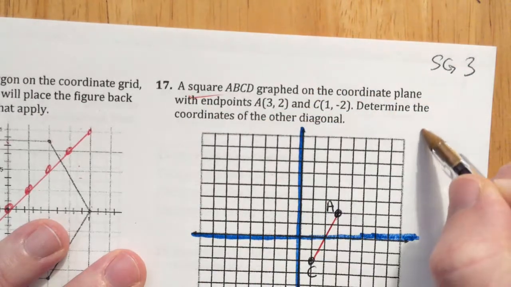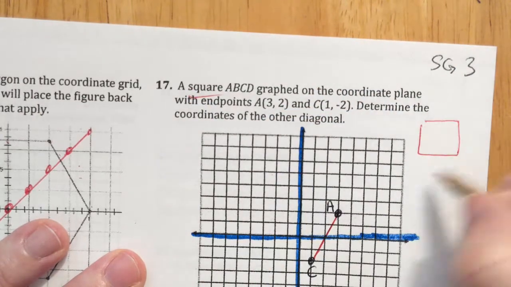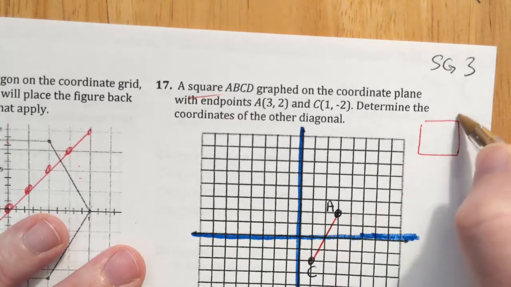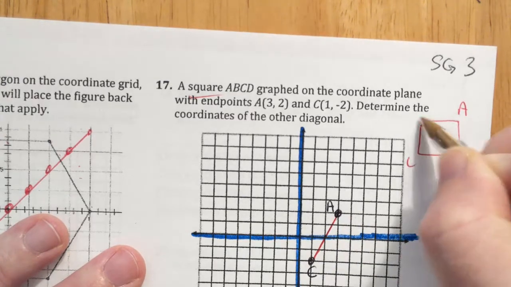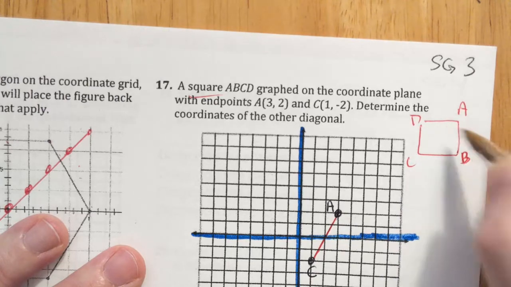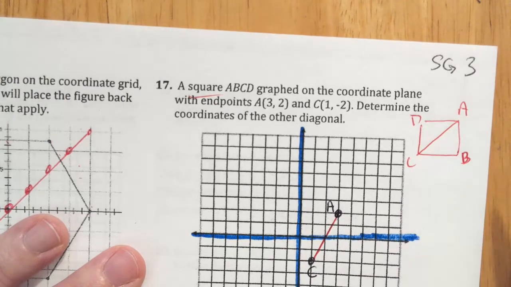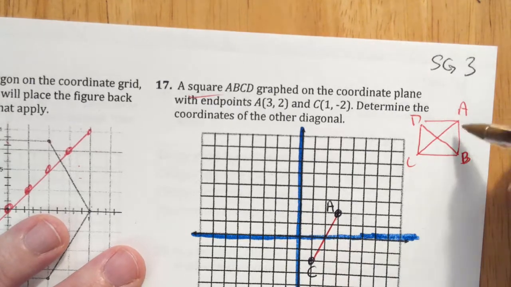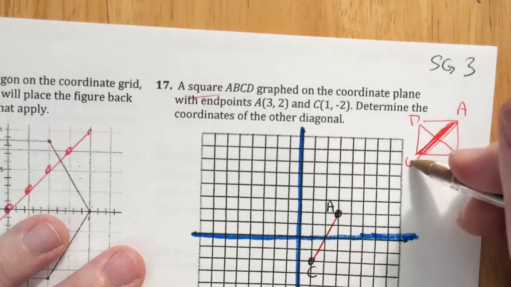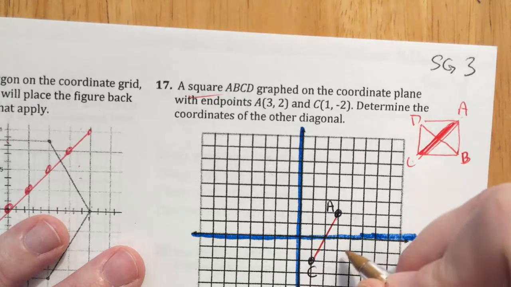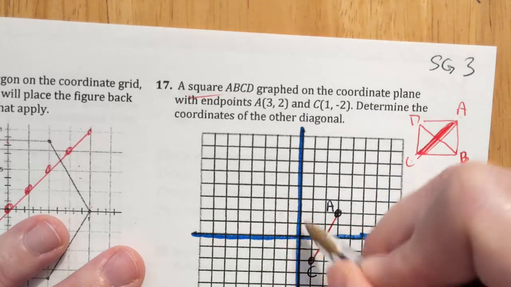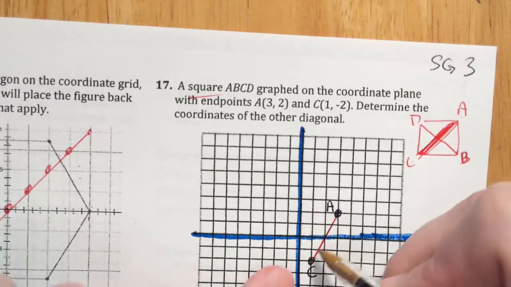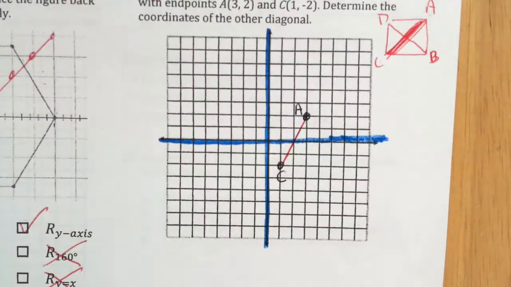So what they're saying is, now A is over here. So A, B, C, D. That's a diagonal. We're looking for the other diagonal, right? Because A to C is a diagonal. So we know that B is somewhere over here and D is somewhere over here. So that's a diagonal. So that means that the slope has to flip.